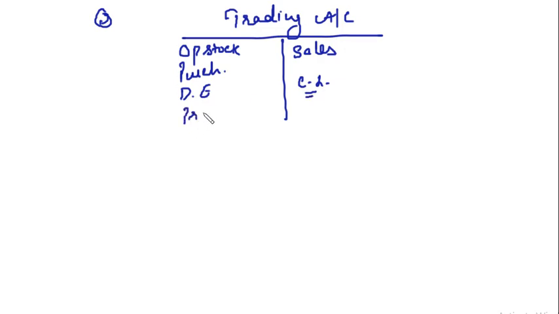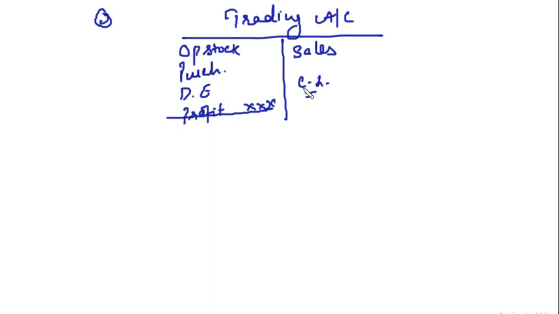Forget the profit element. What do you get? Profit. Okay, I don't take this profit element. Right? What I will say is opening stock plus purchases plus direct expenses minus the closing stock, I will get my sales. And I'm not considering the profit part. What will I get?